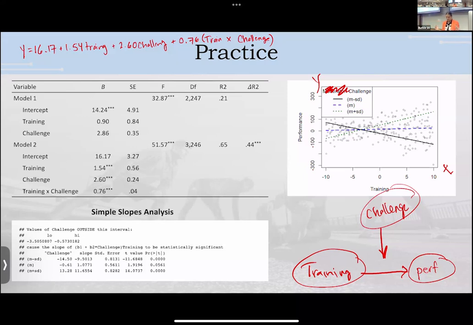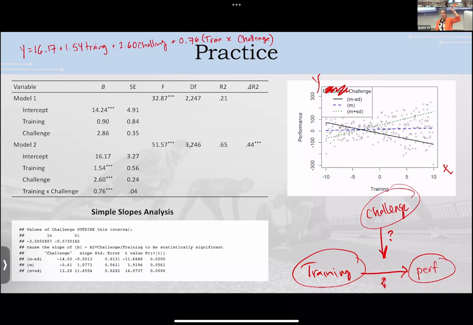So the first question we always ask is, does the relationship between training and performance change based on challenge? Yes or no? How do you know? What's the best statistical evidence to tell us? Kayla? The change in R squared between models. Good. I'm going to expand on what Kayla said, so get good at the detail.